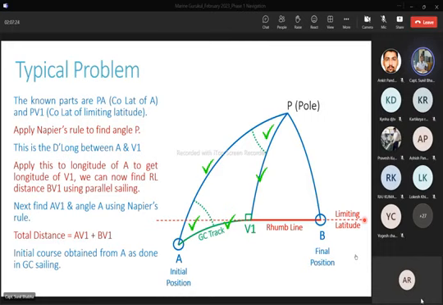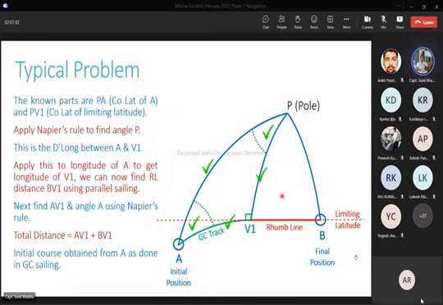Now this could happen in normal composite questions also, where you have three triangles. Here we have only two triangles, but in case you have the third triangle also, like the normal questions which we did in composite sailing, how will you come to know if in a particular case composite sailing is not relevant?